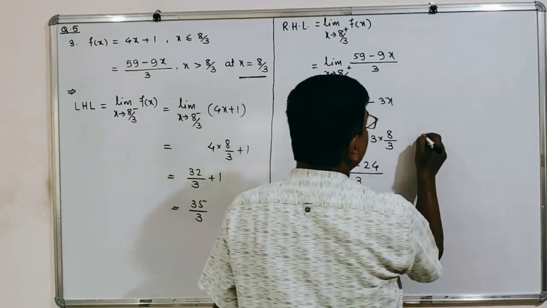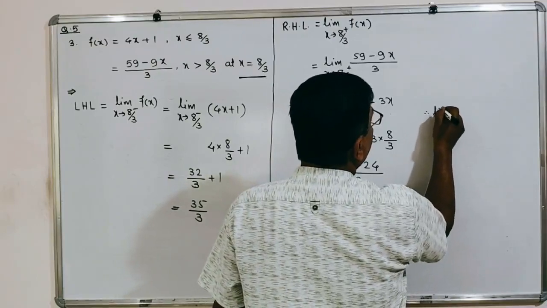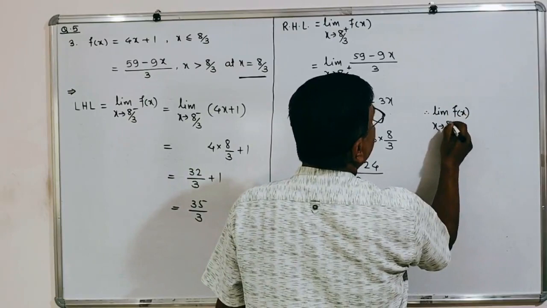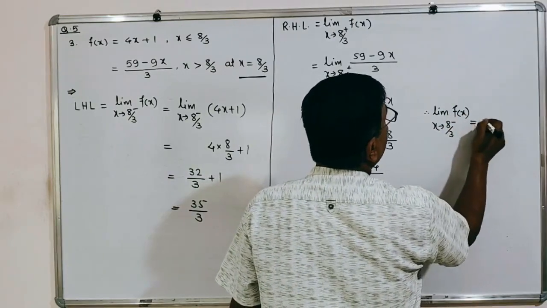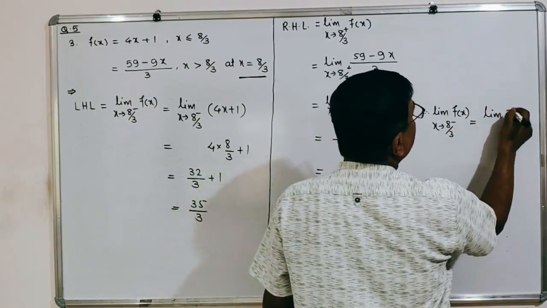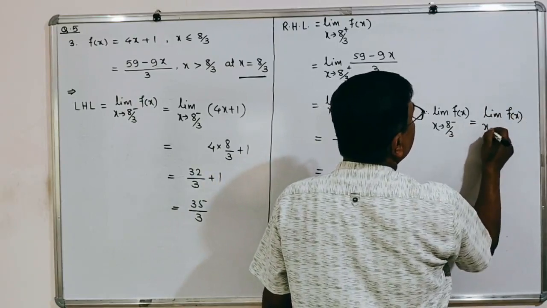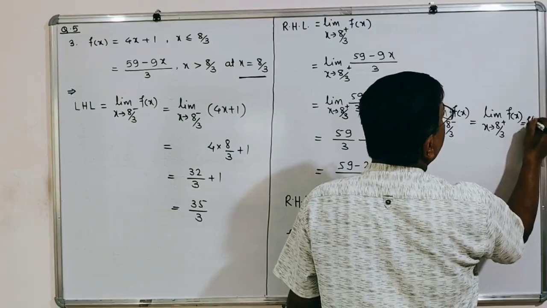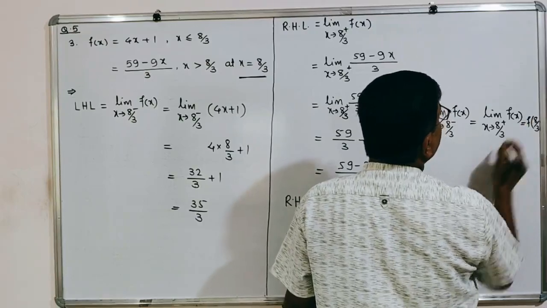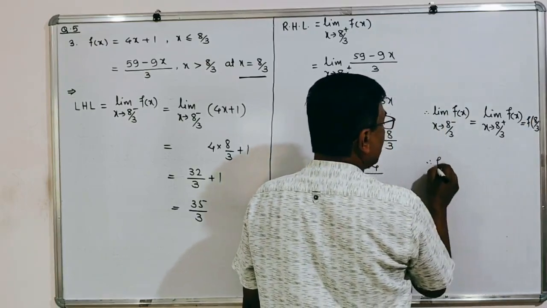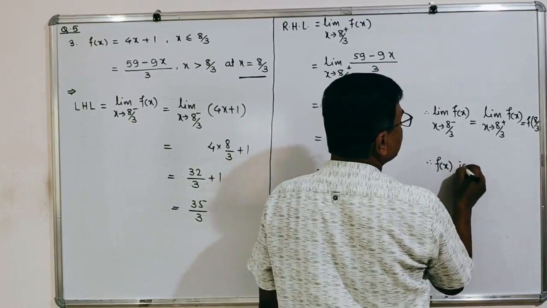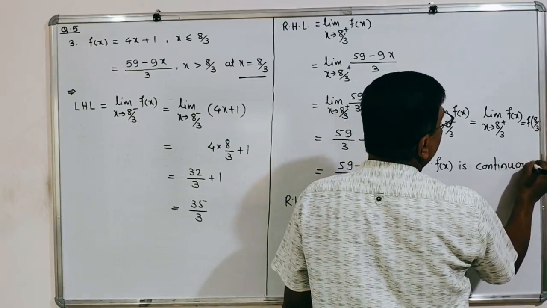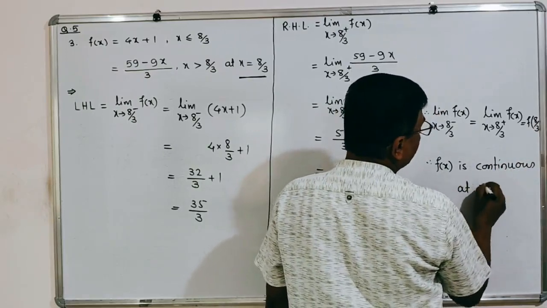Hence we can say that limit of f of x as x tends to 8 by 3 minus is equal to limit of f of x as x tends to 8 by 3 plus is equal to f of 8 by 3. Hence we can say that therefore f of x is continuous at that point x is equal to 8 by 3.